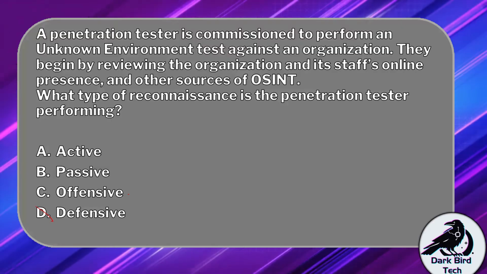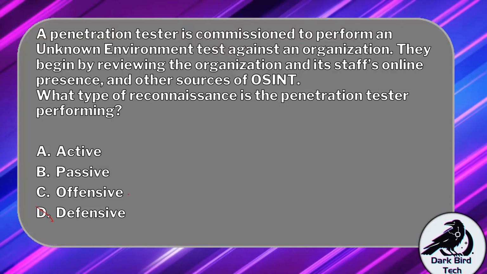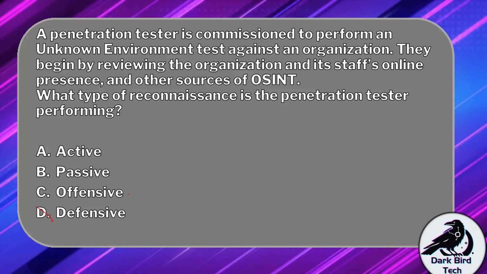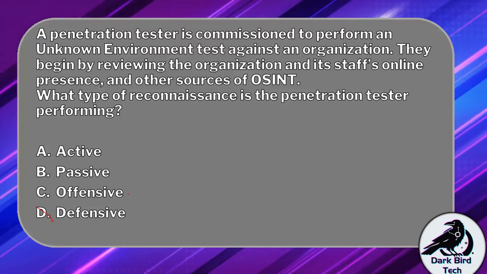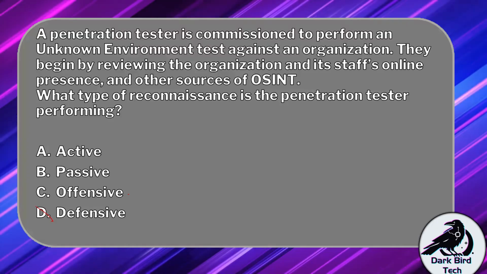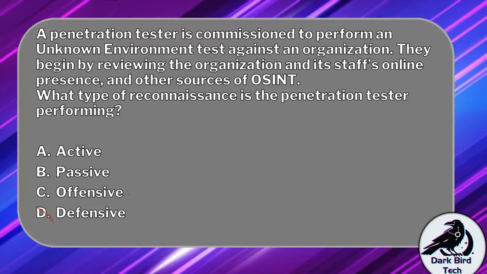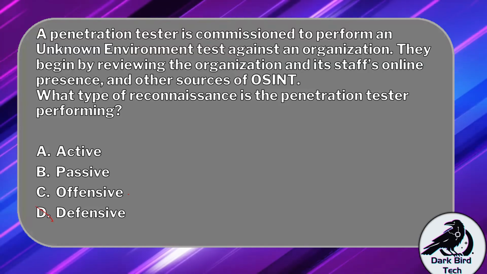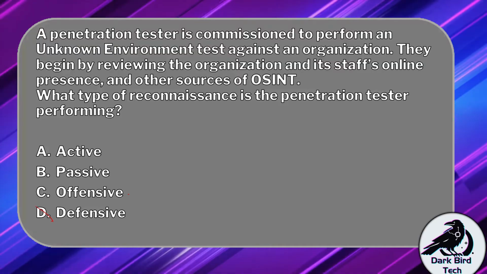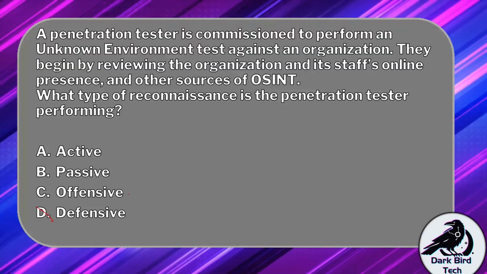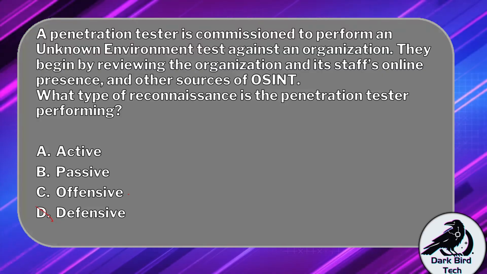And the thing is, somebody looking at the organization's online presence, their staff's online activity, and other forms of open source intelligence, they're basically just surfing the net, looking for some information that's going to lead them possibly to know more about the organization. Like, for instance, if the organization is advertising a position for a particular database technology, like Windows SQL Server, that tells me they're using Microsoft SQL Server.